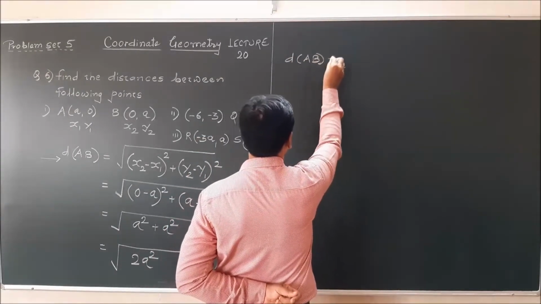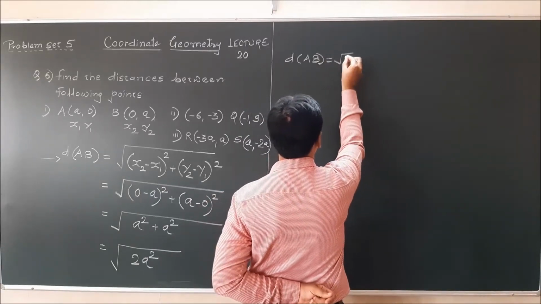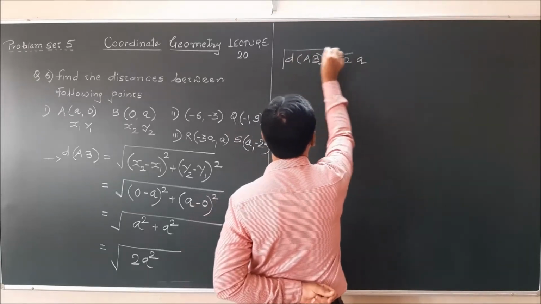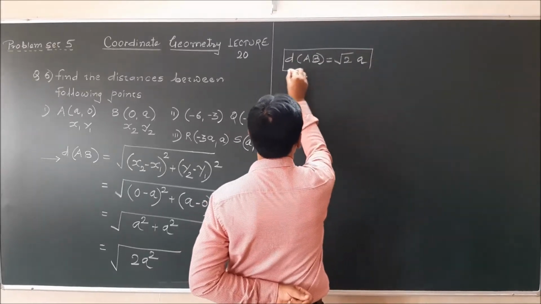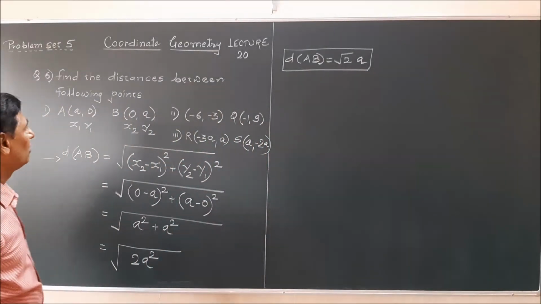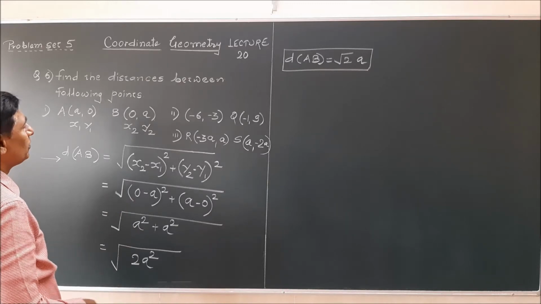So distance AB is equal to root 2 a. So this is how we have got the distance between AB.